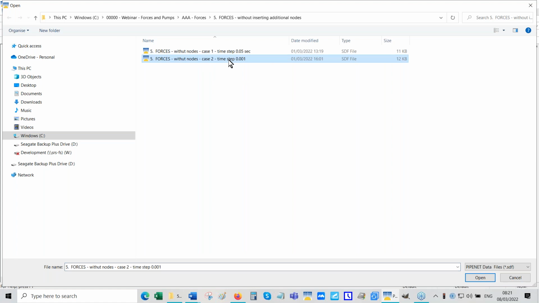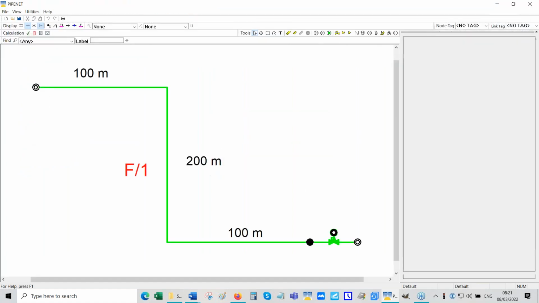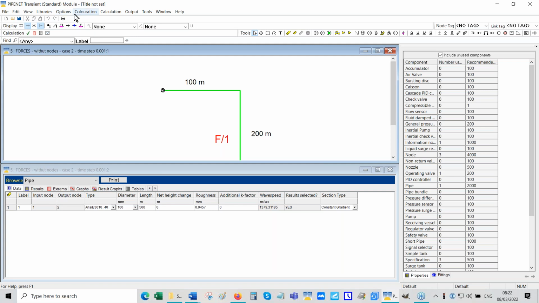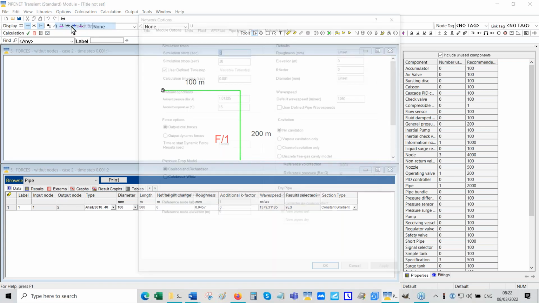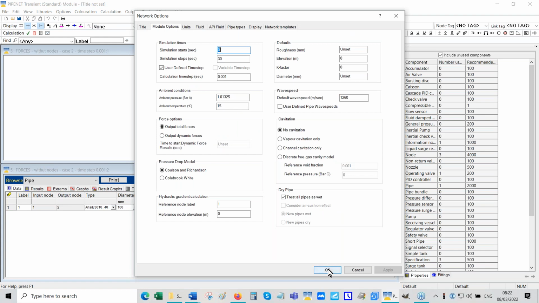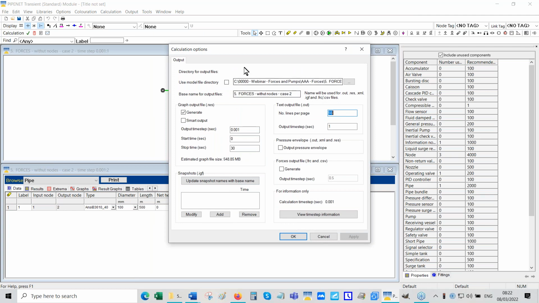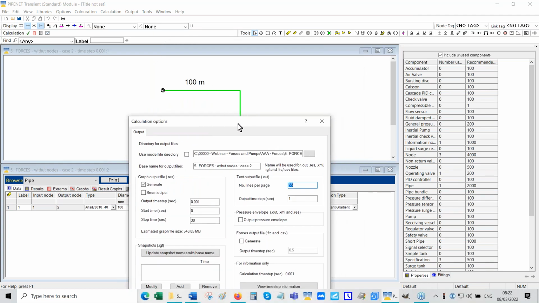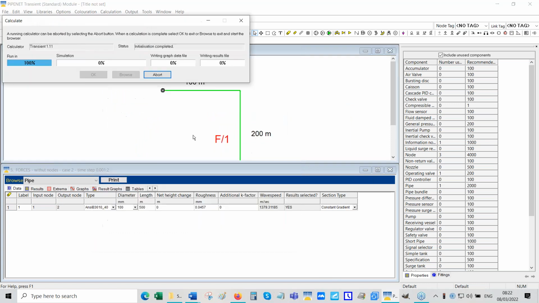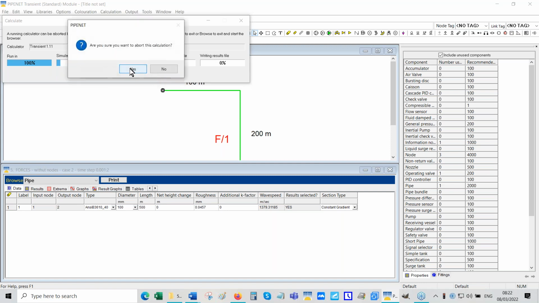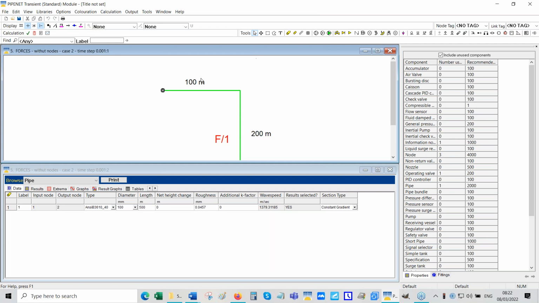And I don't want to calculate again because, as you can see from the time step for calculation, if I do the calculation, it's slower because we're asking for the results for the pipes, and that makes the calculation a little bit slow. So you just take my word for it that the difference actually is not that great.